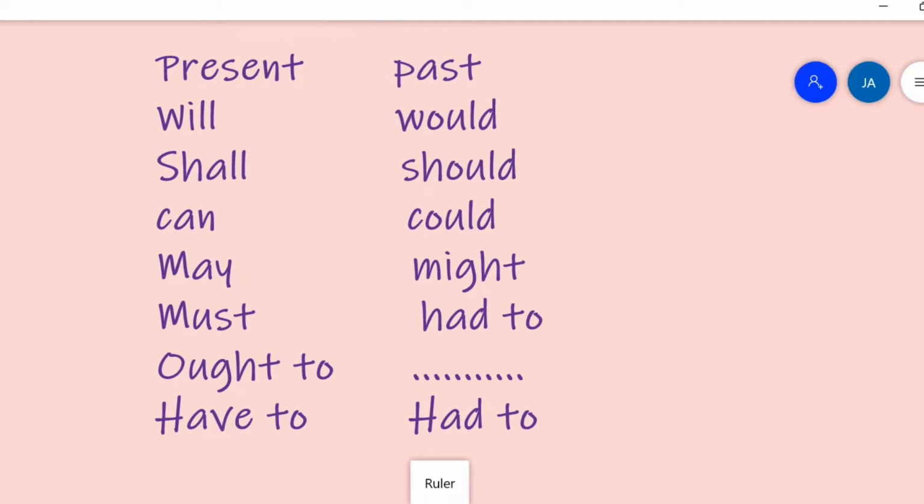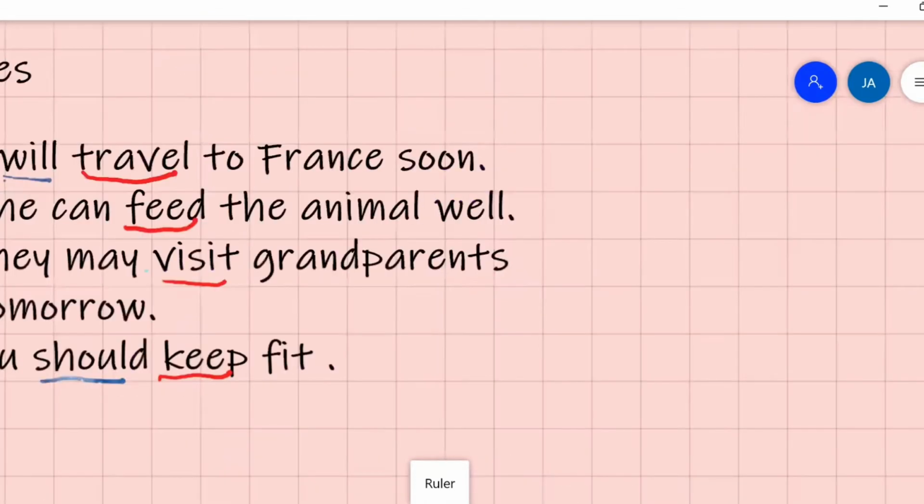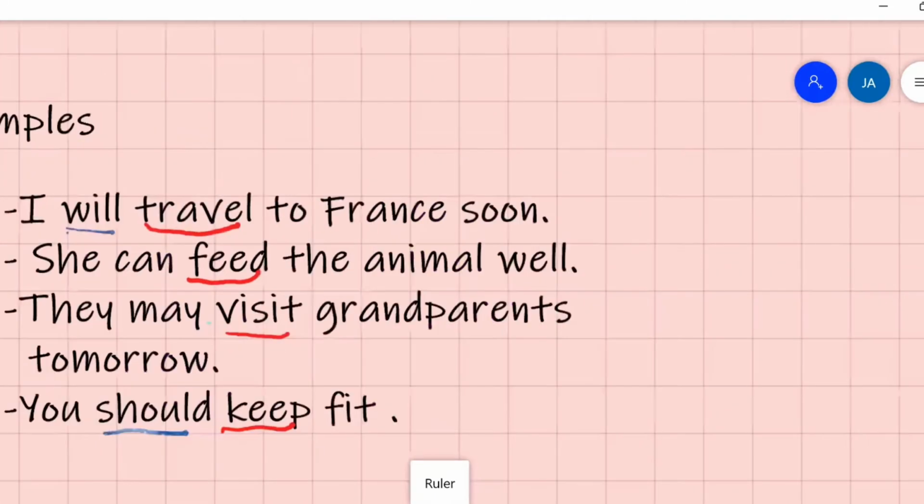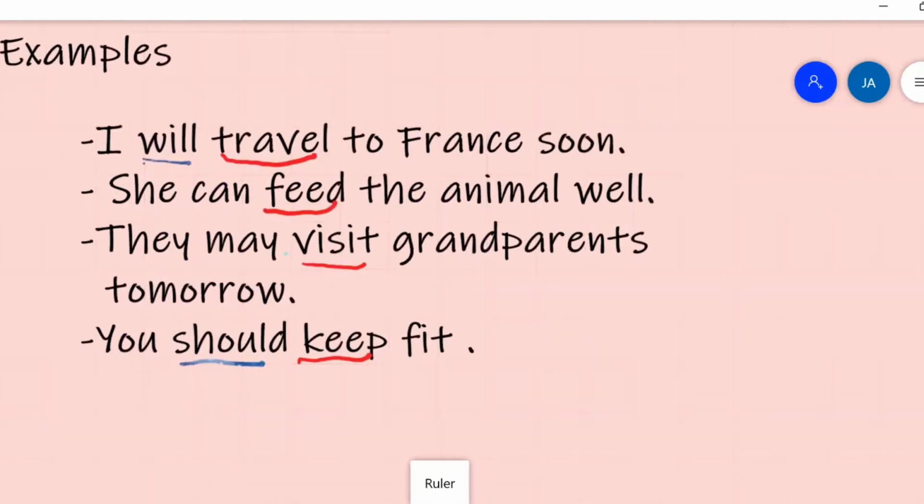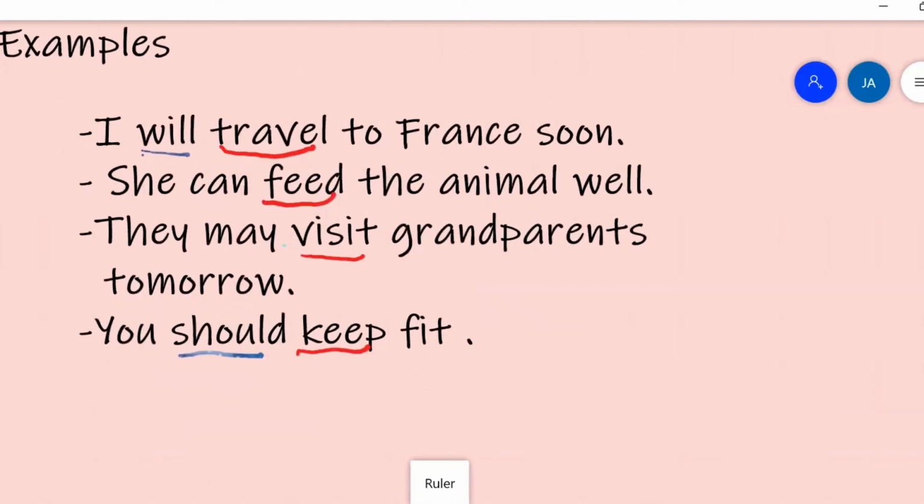If I want to give you some examples, I will go like that. Look, for example, when I say I will travel to France soon. She can feed the animals well. They may visit grandparents tomorrow. You should keep fit.